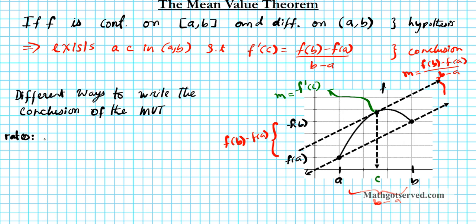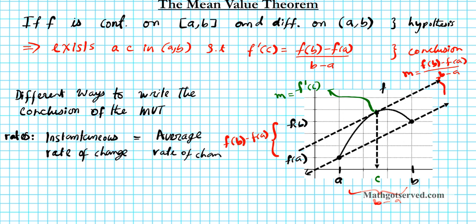Using rates, what this equation is saying is that the left side, f prime of C, is the instantaneous rate of change, and this expression right here can be viewed as the average rate of change. That's one way that the conclusion of the mean value theorem can be written.